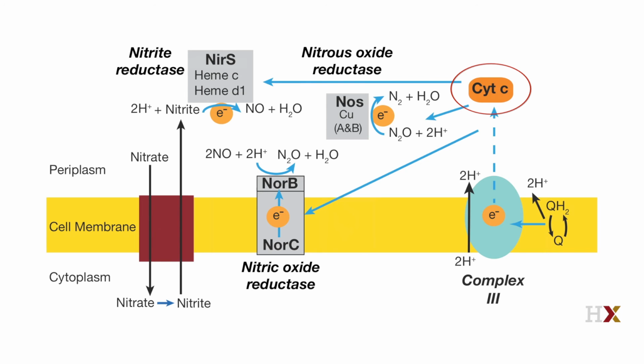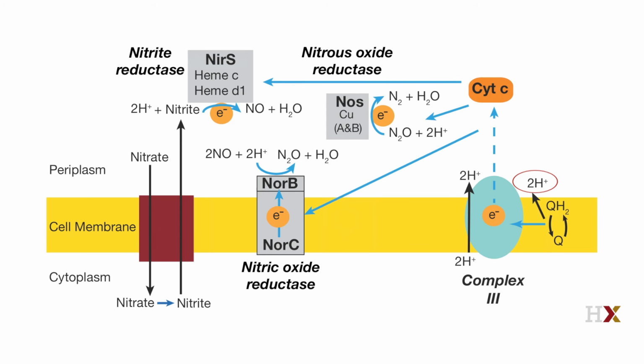Then, cytochrome C in its reduced form will interact with a different reductase in the periplasm and transfer its electrons. So cytochrome C is in fact an electron shuttle between complex 3 and the reductase.